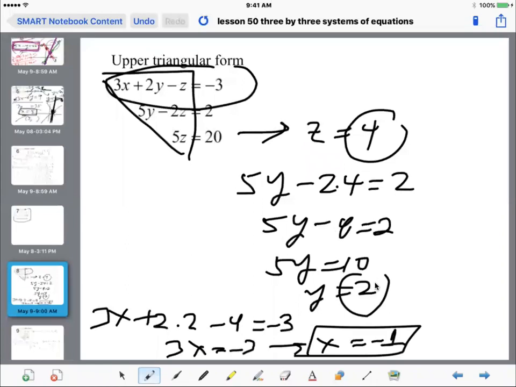So it's really good if the original equation is already in upper triangular form. There's no real work to do anymore.